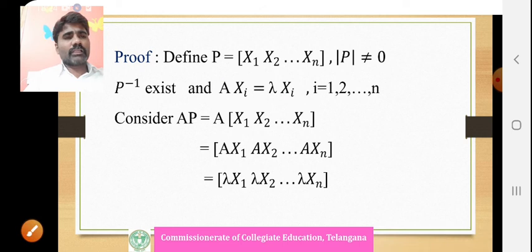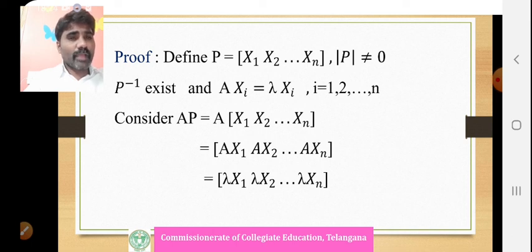Already we have the theorem that eigenvectors corresponding to distinct eigenvalues are linearly independent. That's why, if A has n distinct eigenvalues, then the corresponding n eigenvectors are also linearly independent.